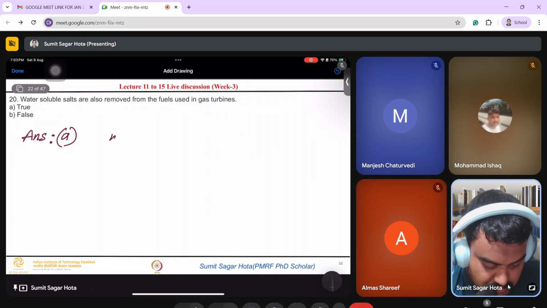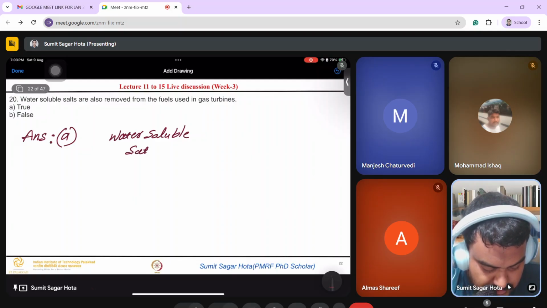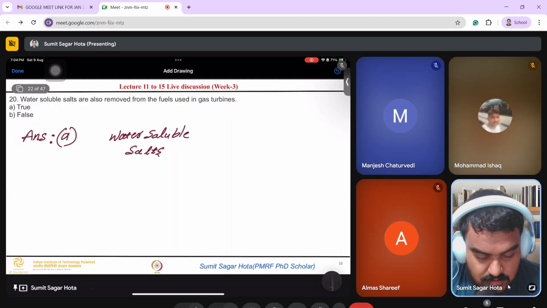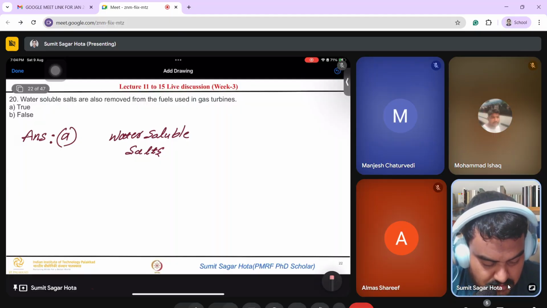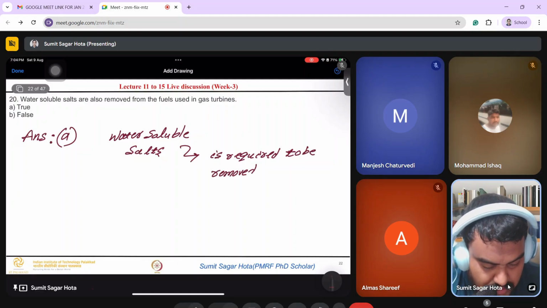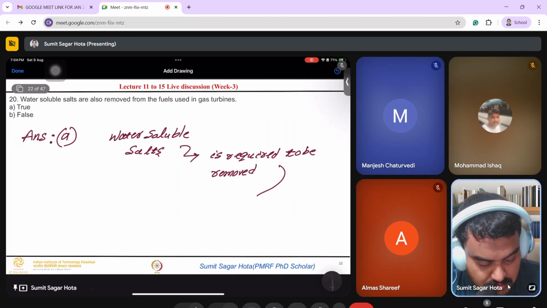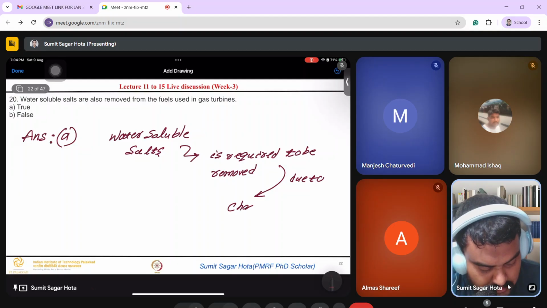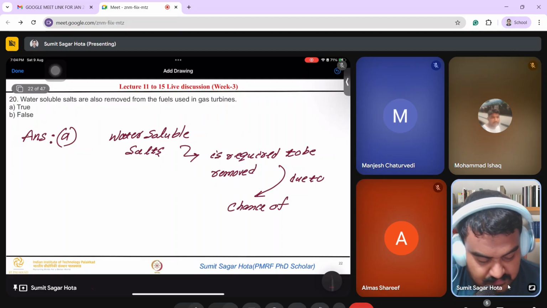So the water soluble salts are required to be removed due to chance of surge formation.